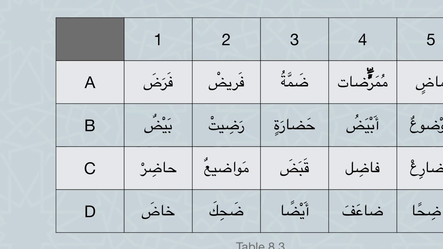Oh, Al-Amin, let's go. Yes, row B, please. B1 is بيض. Perfect. رضيت.